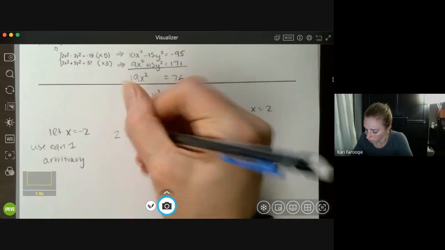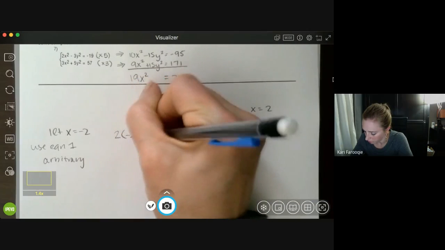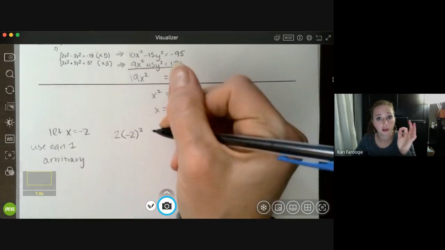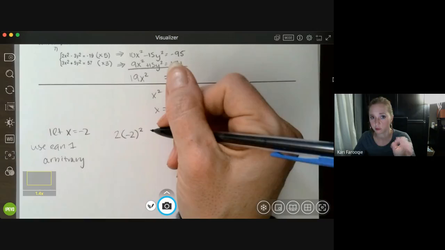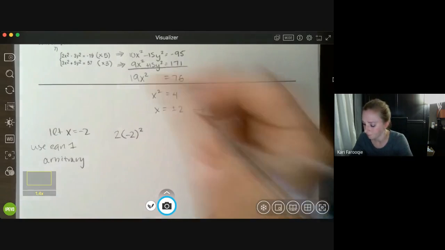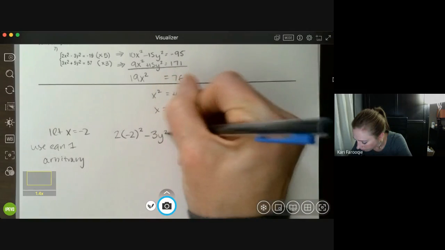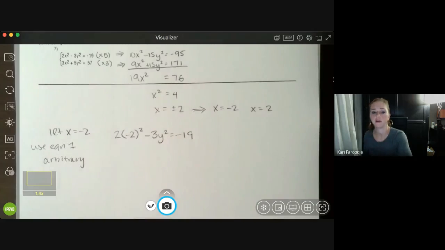So I have 2 times (-2) quantity squared. Don't forget your parentheses, because (-2) squared is not the same as -2 squared. Not the same thing. Minus 3y squared equals -19.